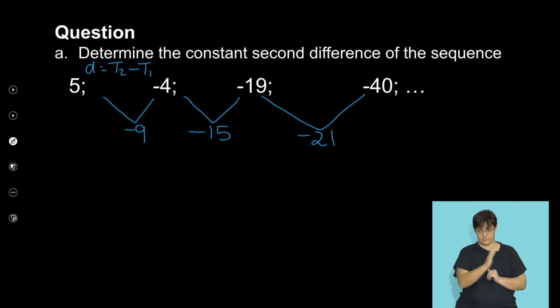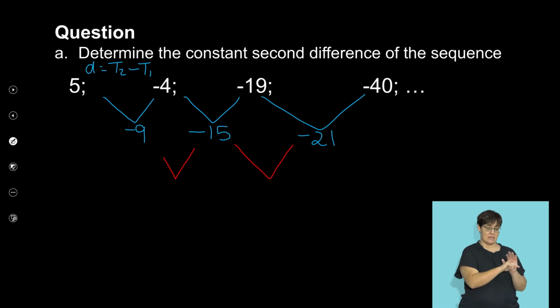Now that I have my first differences, I can see that they are not equal, which does confirm that this is not an arithmetic sequence, but I still need to find my second differences because this is in fact a quadratic pattern. So I need to find these two differences.